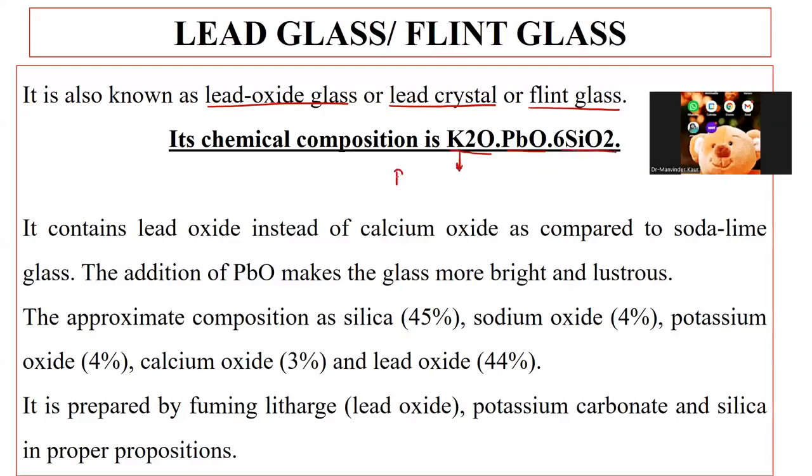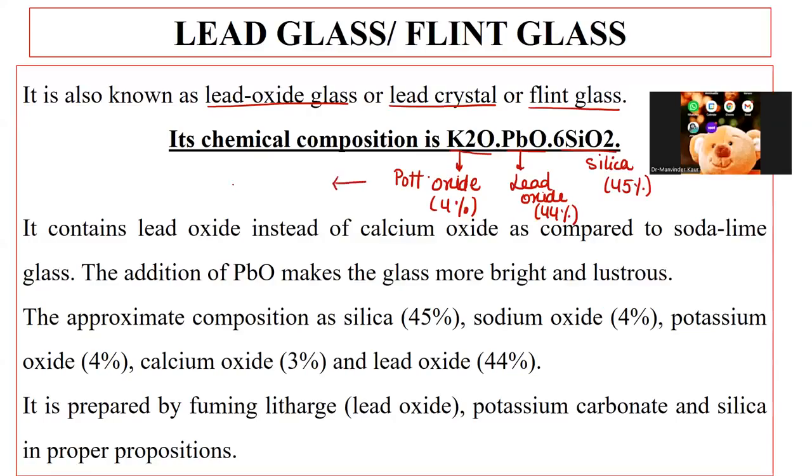This is potassium oxide, this is lead oxide, and this is silica. In percentage, potassium oxide is 4% in the composition, lead oxide is 44% and silica is 45%.